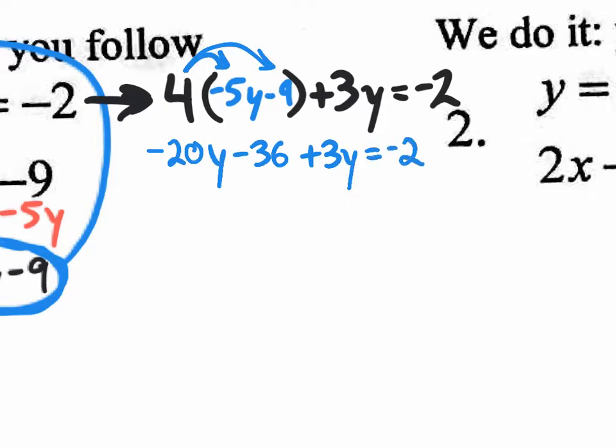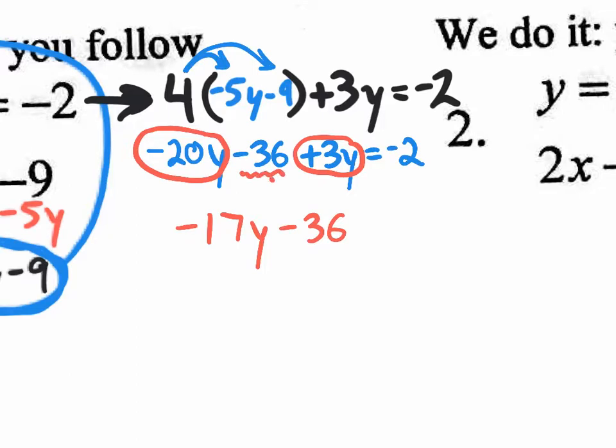This is now an equation that has only a variable of y. All we need to do is simplify it. That's distributed. Now I need to combine like terms. Negative 20y plus 3y, that's going to be negative 17y. So I really have negative 17y. Let me bring down the rest. Minus 36, right?